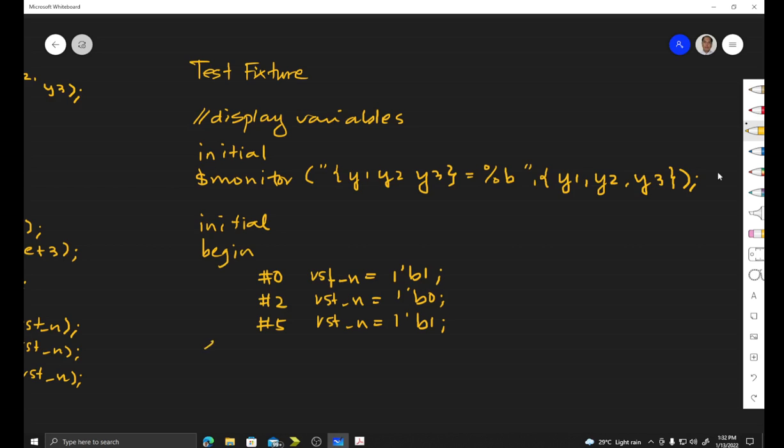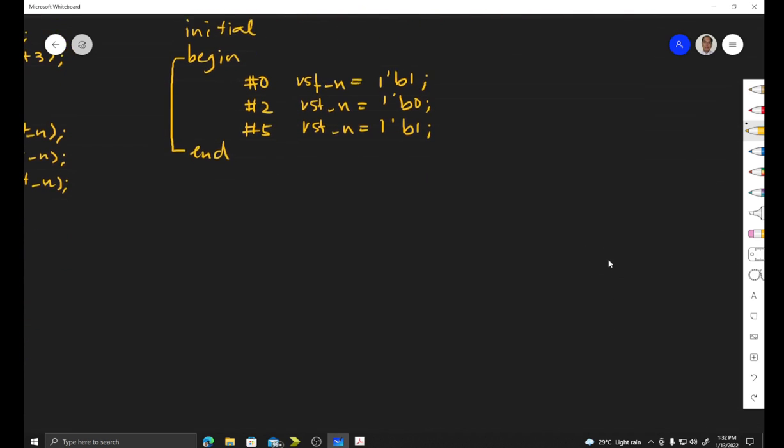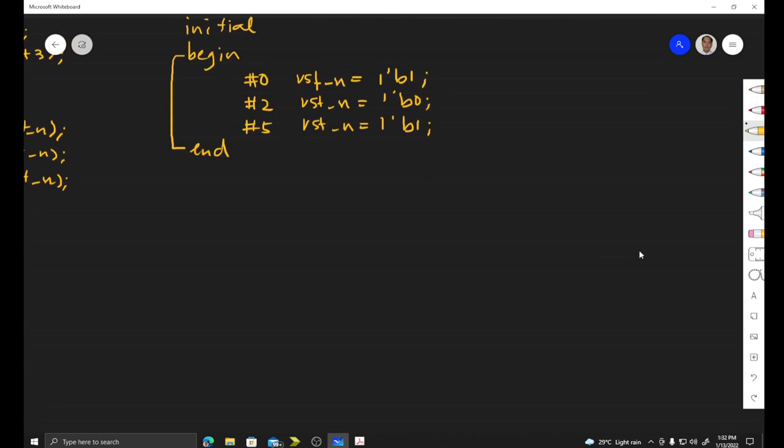So begin, end. Then we start our clock. In an initial begin, let's choose clock equal to 1 or 0.